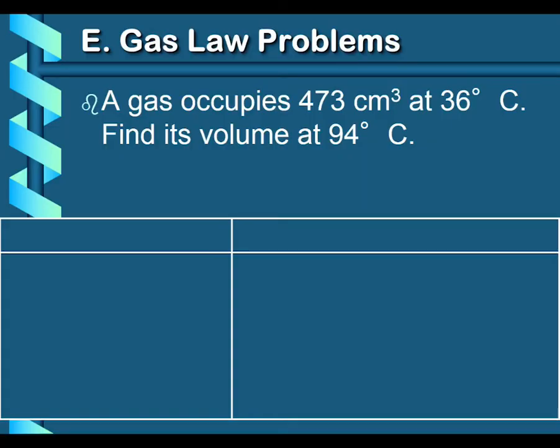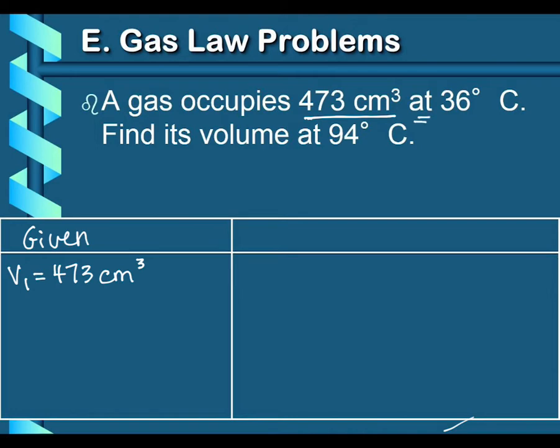So let's work out some examples. Gas occupies 473 centimeters cubed at 36 degrees Celsius. Find the volume at 94 degrees Celsius. If I were looking at my given information right over here, I see that I have 473 centimeters cubed. You need to recognize centimeters cubed as volume. So that is the first volume I am given, 473 centimeters cubed.